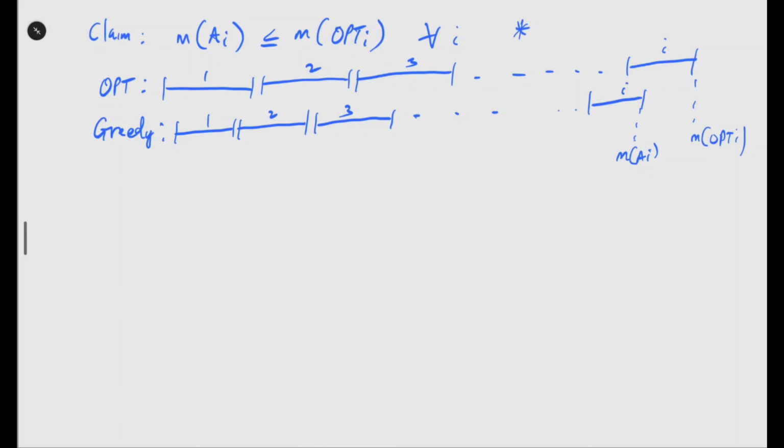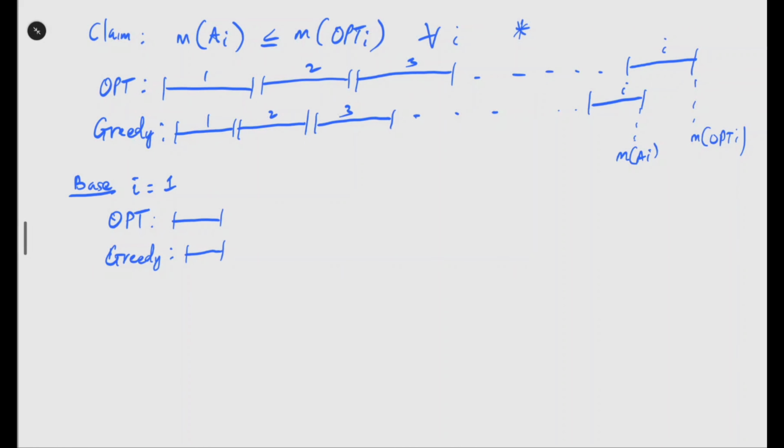So now let's actually get into the main proof. Let's start with our base case. Our base case is when we just have one job, i is 1. When we have only one job, whatever optimal strategy would do just that one job, and our greedy would do just one job.